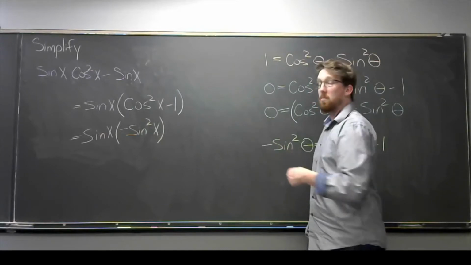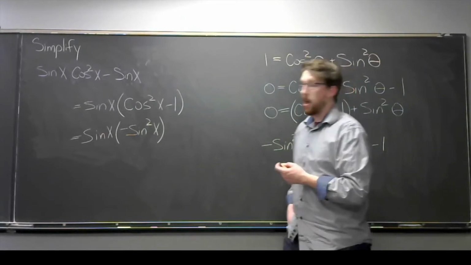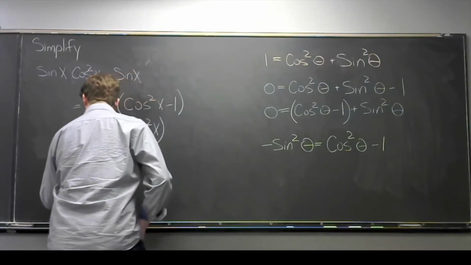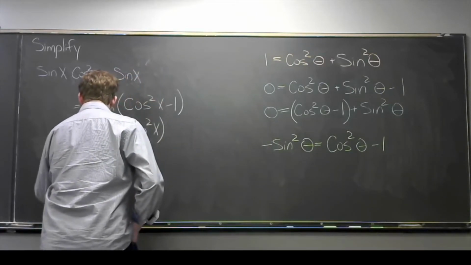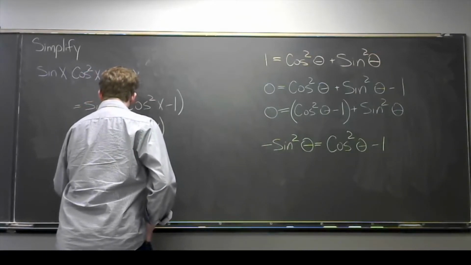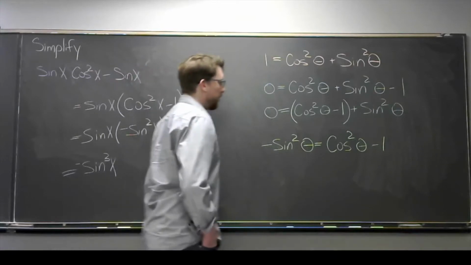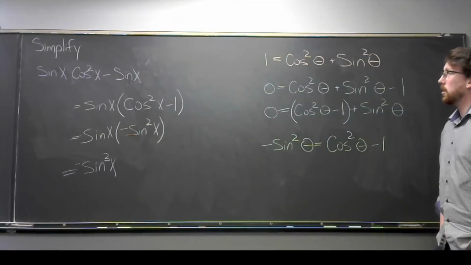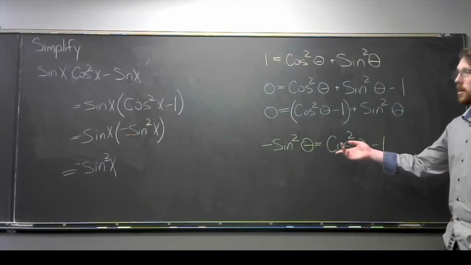Well, we can multiply by that sine now and simplify it down to negative sine cubed of x. And that's it. That's all there is to it. So let's look at another problem.